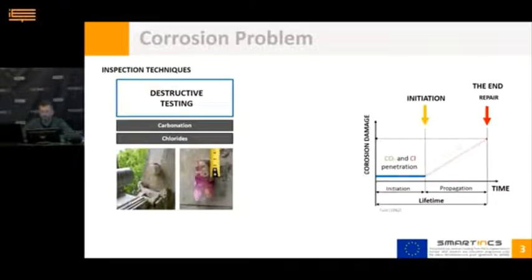The problem with these techniques is that they are generally destructive, since they usually involve extracting cores to perform the different tests, such as the phenolphthalein test to evaluate the carbonation depth. And in addition, they are usually implemented when first corrosion signs appear, that is, in the propagation stage, when it's too late.